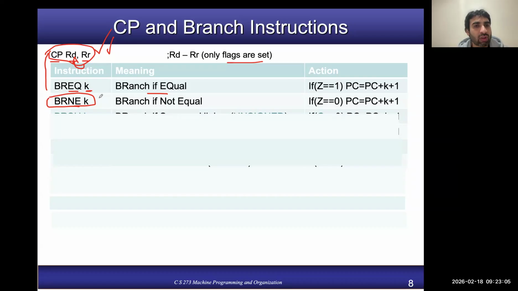Then your branch not equal instruction will check the value of the Z flag again, but this time the jump will be taken if the two operands were not equal. So branch not equal means that the jump will be taken if the Z flag is equal to 0, right? Is everyone with me until this point? If any confusion, please let me know.